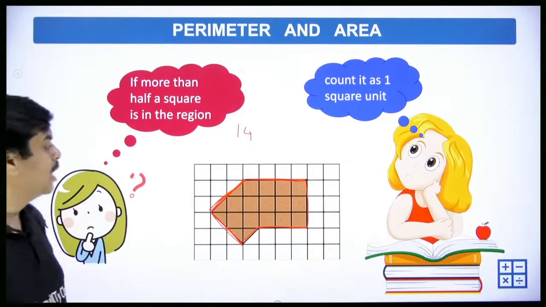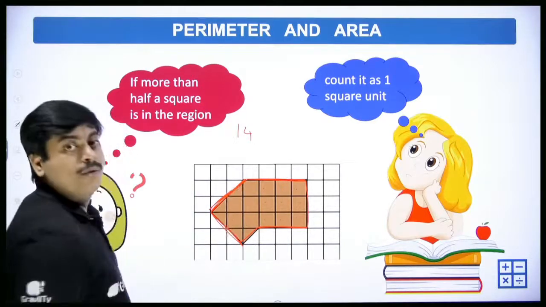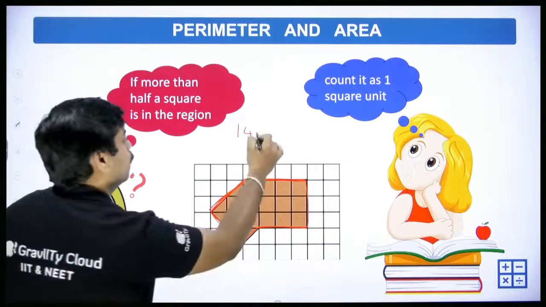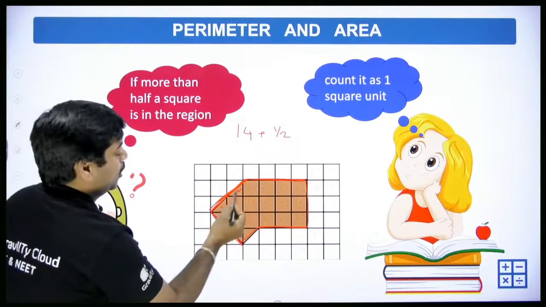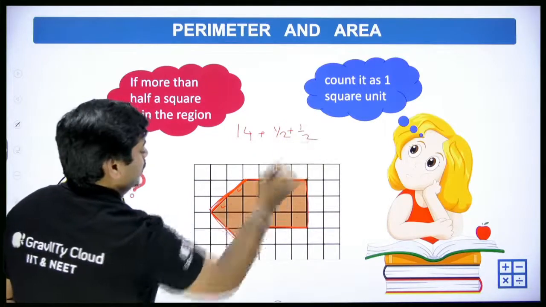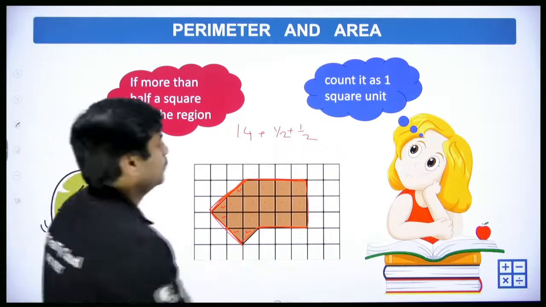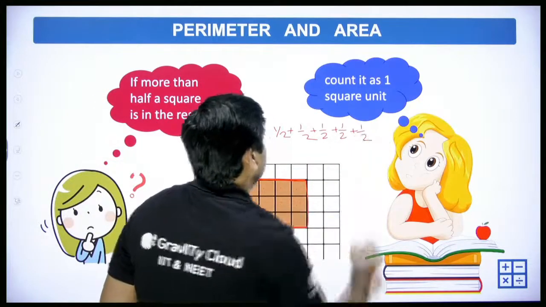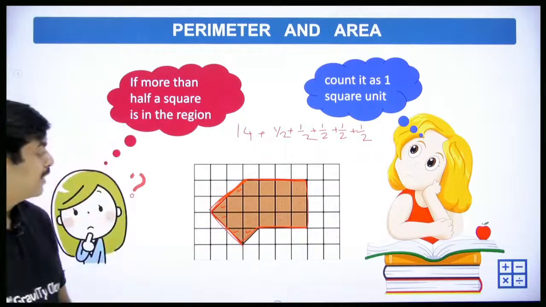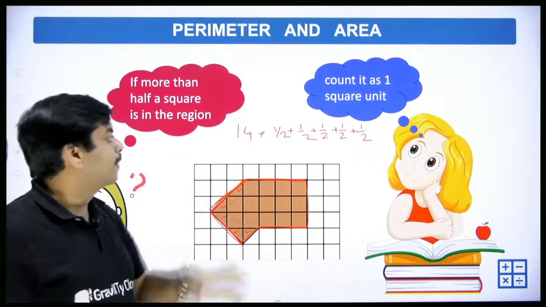But the rest of the things, you can see it's exactly passing through the middle, which is actually half. 14 plus half, this is a half box, this is also half, plus half, this is one more, 2 and 3, 3 more times, right? Plus half, plus half, plus half. Once again, let me see what all the half boxes we are having. 1, 2, 3, 4, 5, right?